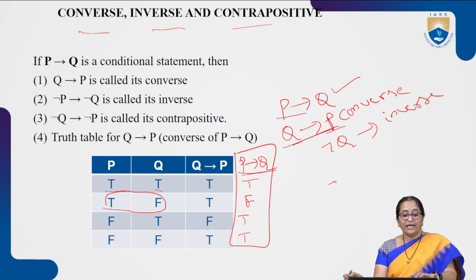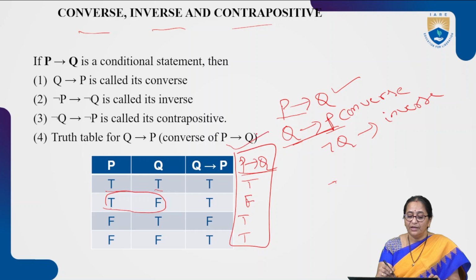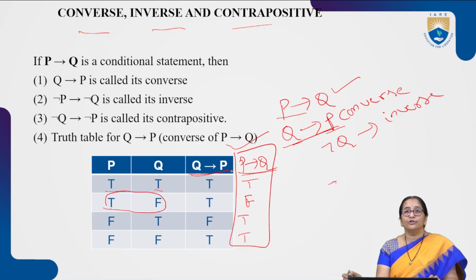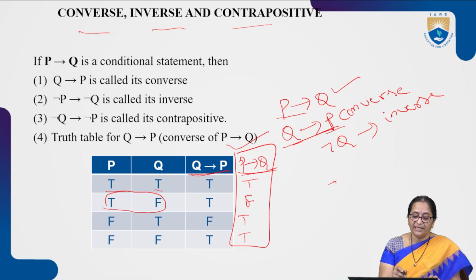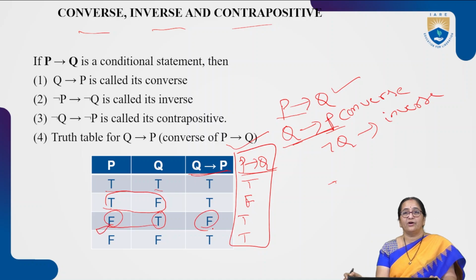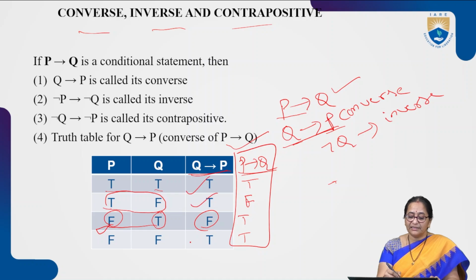Now we are calculating the converse of P to Q. Its value is Q to P. In this Q to P, the result is false only when Q is T and P is false. In the remaining three cases we get true, true, true. How?